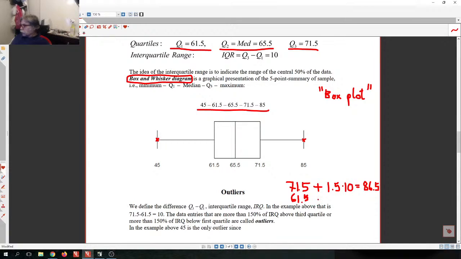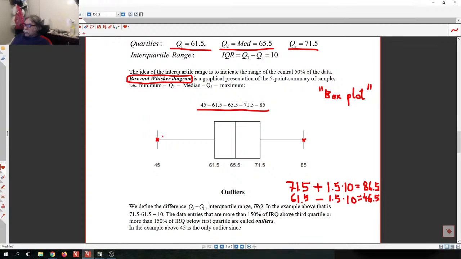And now you're going to subtract, again, the same thing: 150% of the interquartile range, which is 10. And 150% in terms of decimal numbers is 1.5, right? So this time, you're going to subtract 15 from 61.5, and that's 46.5. Okay, now 46.5 is a boundary for the outliers.